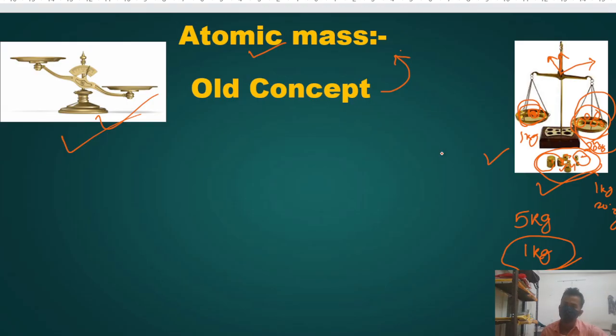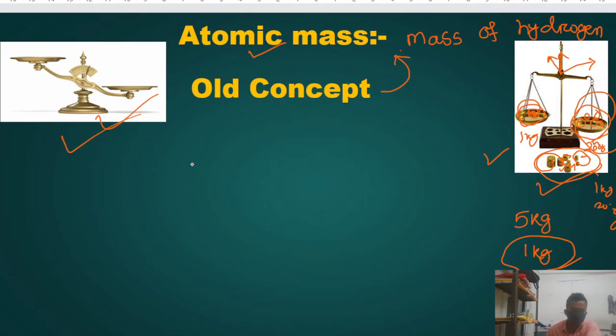Like this, we have to take one reference atom. So in this concept, the scientists took the mass of hydrogen as a reference.